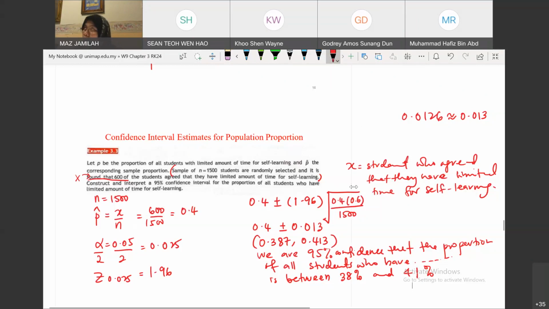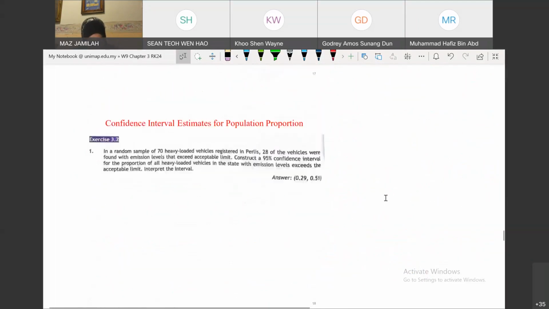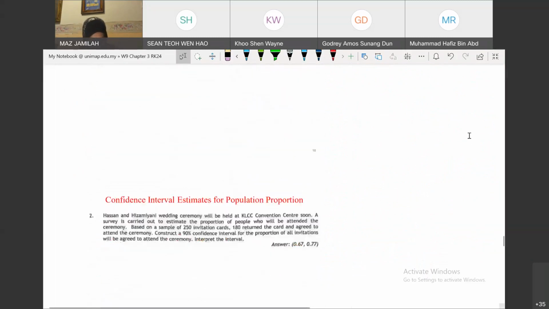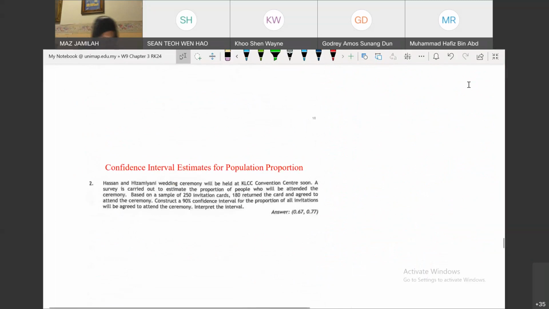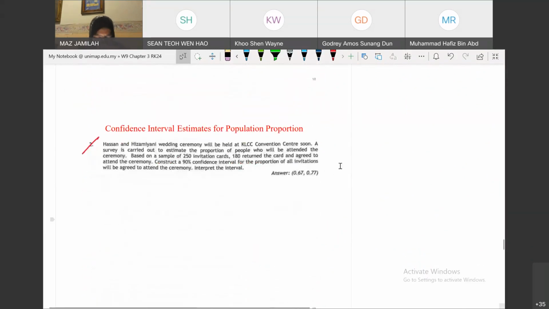So last but not least, before we stop, let's see one exercise. We have two questions under the exercise. Let's say we choose this one. The first question, you try. Hassan and Hizamiyani's wedding ceremony will be held at KLCC Convention Center soon.